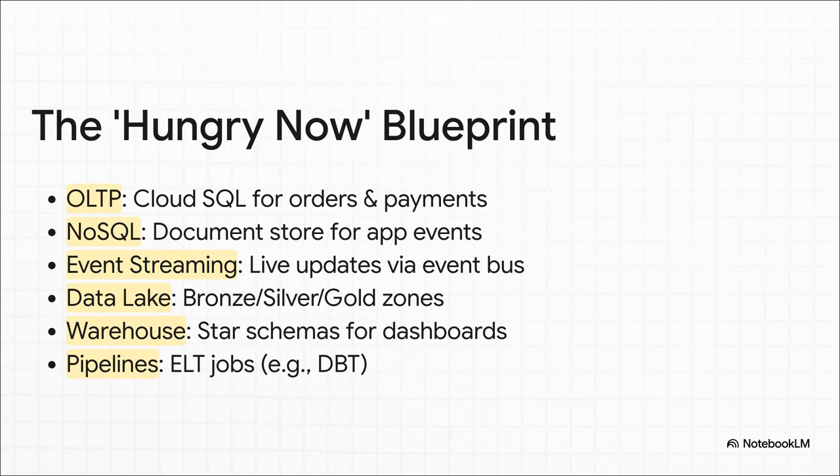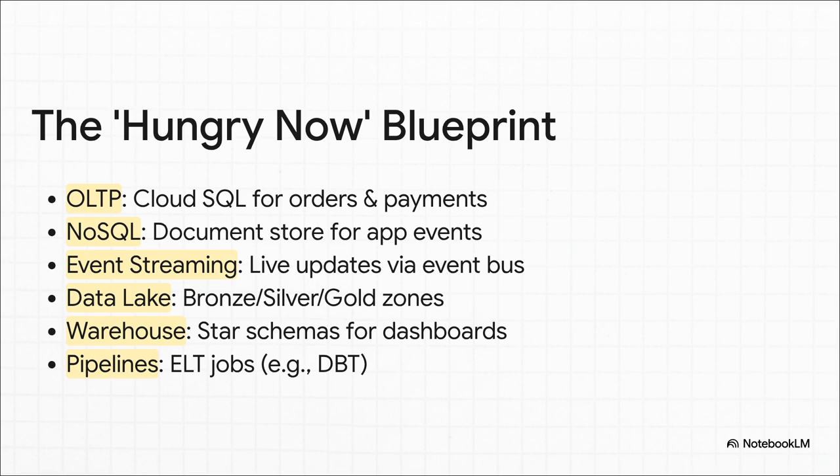So Hungry Now uses what we call a hybrid approach. They pick the right tool for each job. For those core transactions, orders and payments, they use a structured SQL database. That's their OLTP system. For all the messy, semi-structured stuff like app clicks and driver location pings, they use a NoSQL store. They use event streaming to get those live driver updates to your phone.